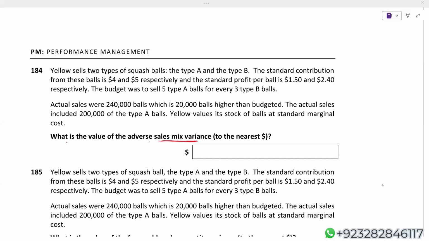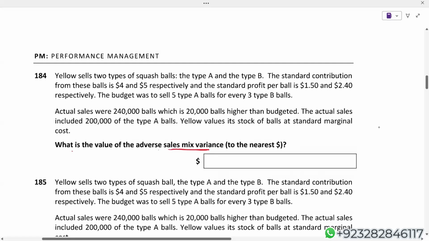One student so far has replied. Let's see what other students say. What is the value of adverse sales mix variance? Yellow sells two types of squash balls, type A and type B. The standard contribution from these balls is $4, $5 respectively.